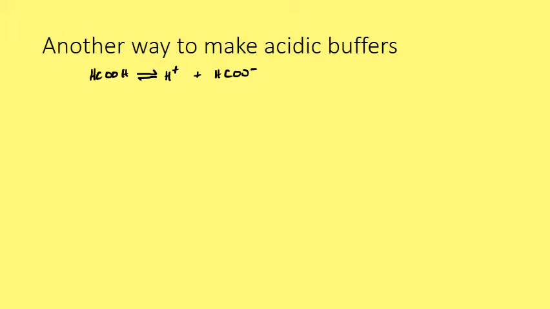But instead of adding the salt, the sodium methanoate, the salt of the acid, what we're going to do is add a strong base, for example, sodium hydroxide. So if we add sodium hydroxide instead, what's going to happen is that the sodium hydroxide is going to react with the acid particles. So in this case, that's methanoic acid.